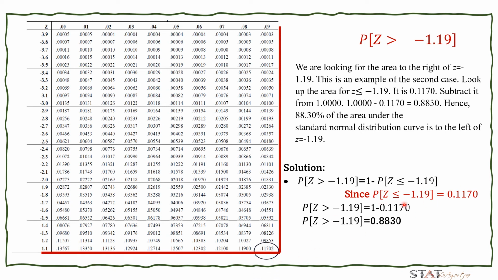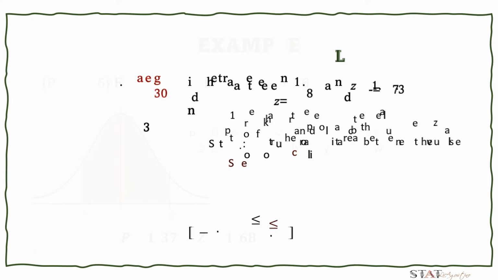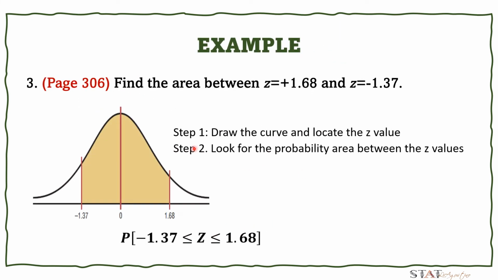Recall the probability of z less than or equal to negative 1.19. So let's have another example, finding the area between two values. Z is between 1.68 and another z value, negative 1.37. So draw the curve and locate the z values. So we have here between negative 1.37 and 1.68.